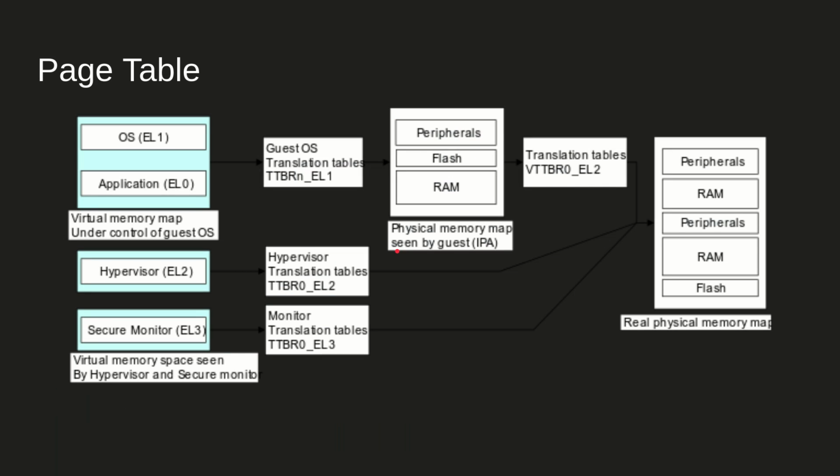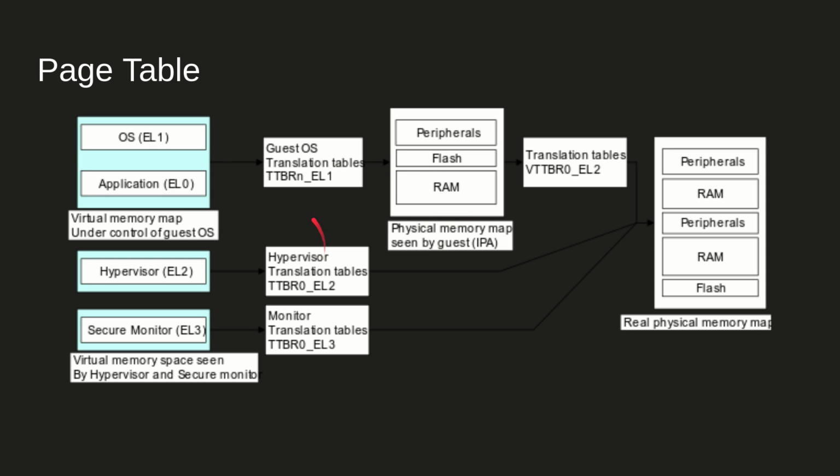To explain what that means, this is for the mapping of memory, I should emphasize. The operating system on EL1, application on EL0, the guest OS, so EL1 has a translation table for both. It's stored in TTBR EL1 and EL0 for the applications. It basically maps their virtual addresses to real addresses: peripherals, flash memory, RAM.